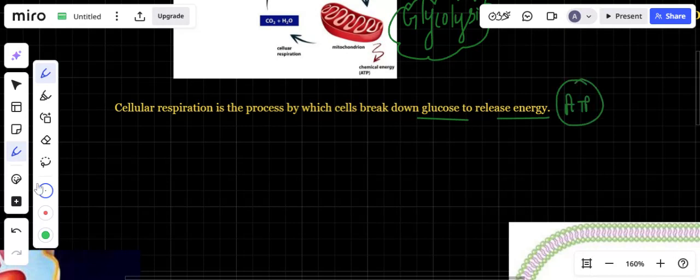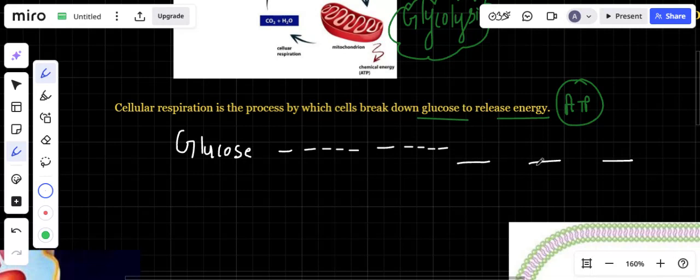But this is actually not such a simple process. First, glucose has to be converted into different molecules to release ATP, and then we face other stages like the Krebs cycle and the electron transport chain. In between glycolysis and the Krebs cycle we have the link reaction, and at last in the electron transport chain you get an enormous amount of ATP so that you can feel energetic throughout the entire day.